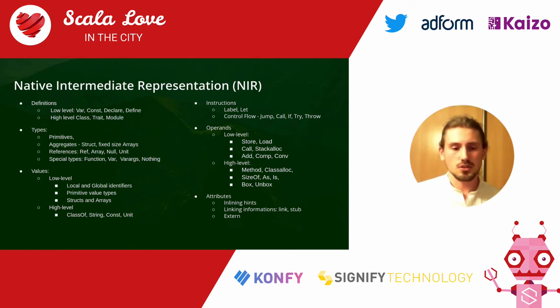However, it's also enriched by a lot of high-level operands. So we have definitions of classes, traits. We have some rich references with types. We also have some high-level operations that allow us to make it more efficient and easier to optimize. So, for example, take a class allocation.